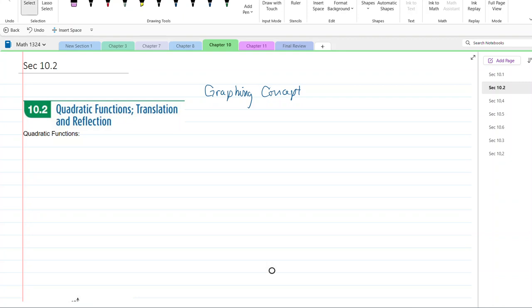And we're saying, okay, it's on a coordinate grid. And a quadratic. Okay, so what the heck is a quadratic?